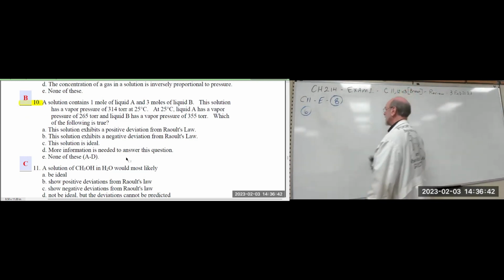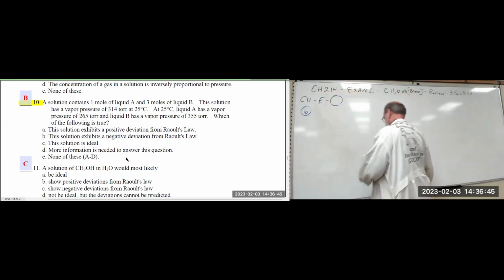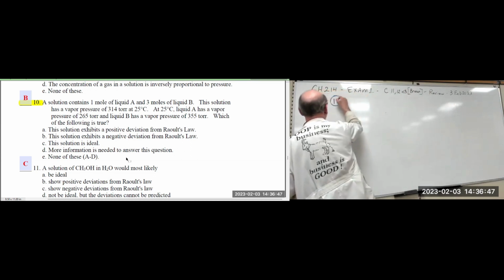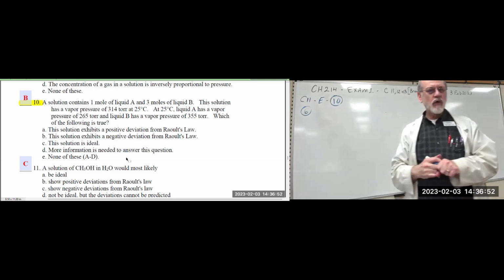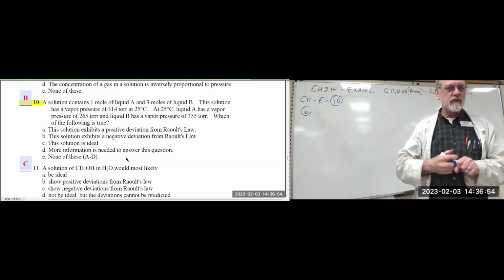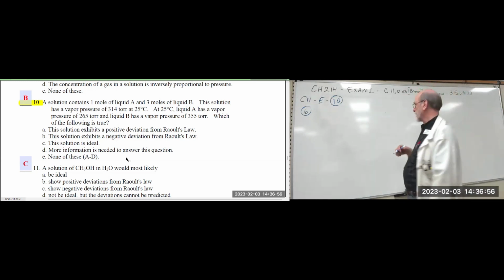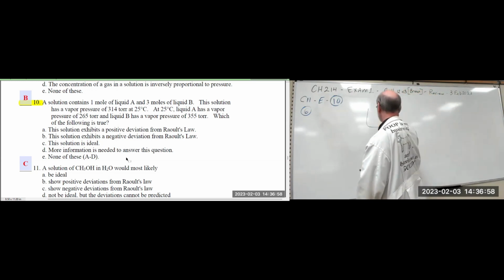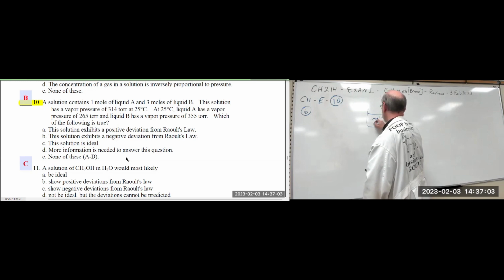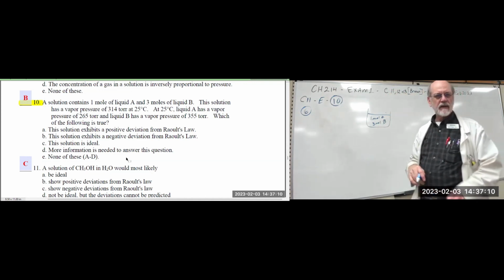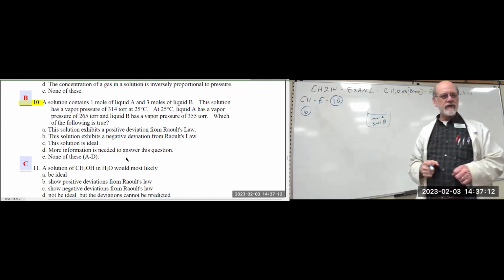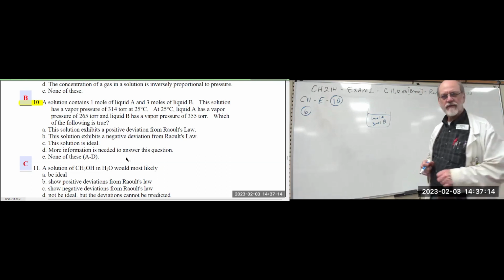Okay, 10. This one looks bad, but it's really not. A solution contains 1 mole of liquid A and 3 moles of liquid B. So we've got this solution, and it has 1 mole of A and 3 moles of B. This solution has a vapor pressure of 314 torr at 25 degrees.